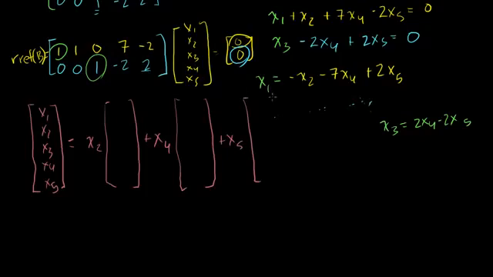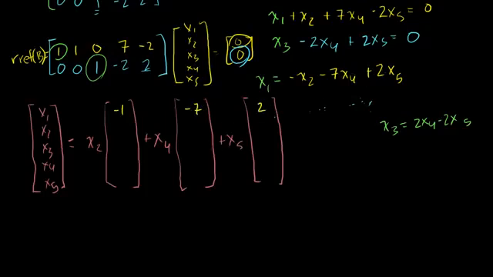x5 times some vector right here. And now what are those vectors? We just have to look at these formulas. x1 is equal to minus 1 times x2, minus 7 times x4, plus 2 times x5. Fair enough.